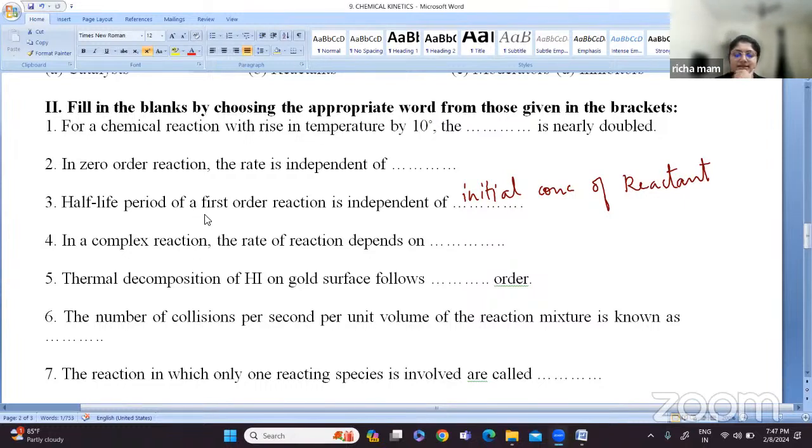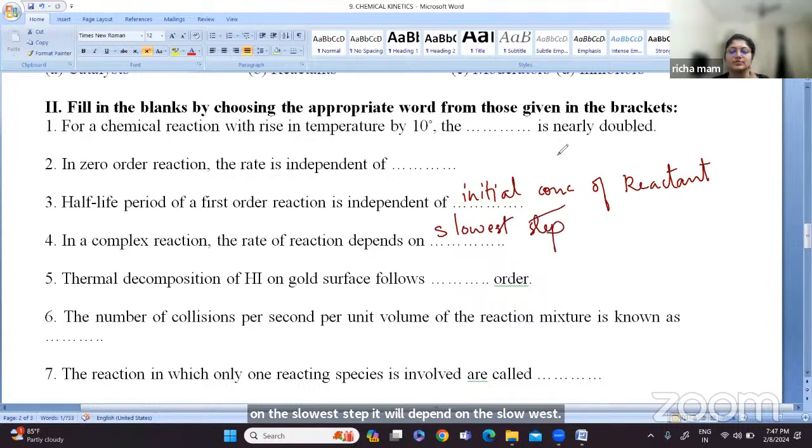Whenever there is a complex reaction, the rate of reaction will be depending on what? It will be depending on the slowest step. Okay, it will depend on the slowest step.